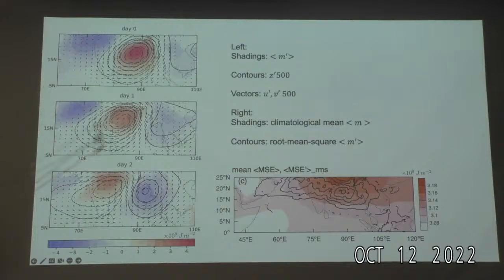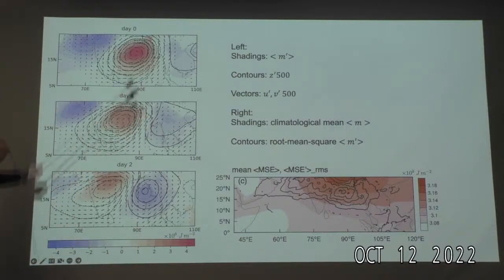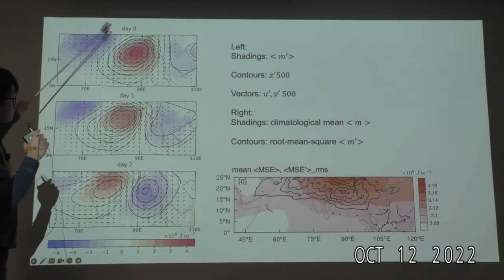This is also the most static energy one. So if we do a rooming square of this plot from day -2 to day 2, I only put 3 panels here, but you should know that it's 5 panels.